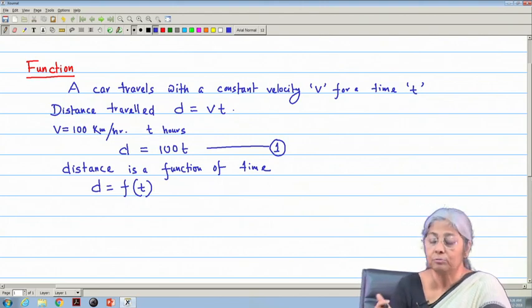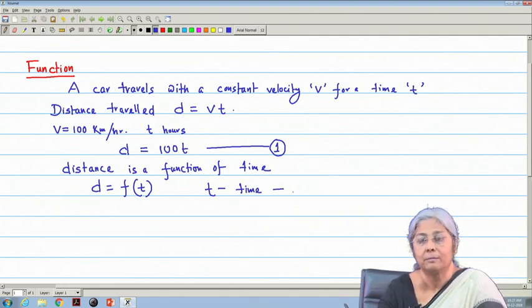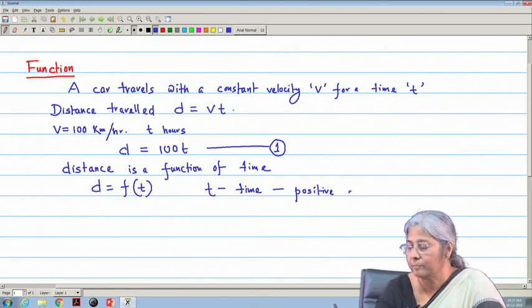What do we actually mean by this? Now, say I take different values of t. Since t is time, t can be some positive real number, so real values it can take. So, I take positive real numbers.